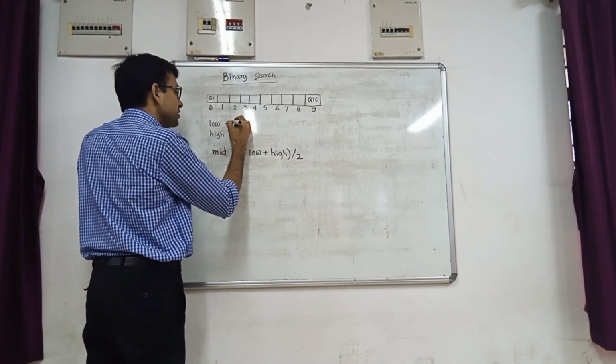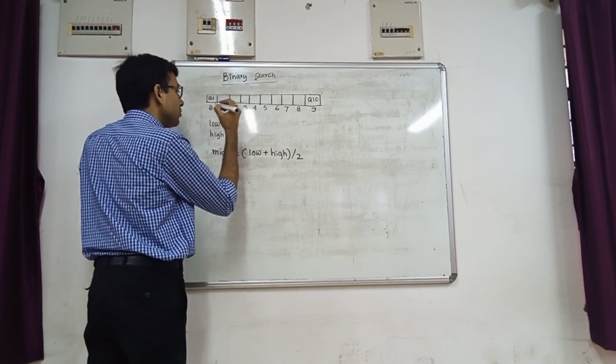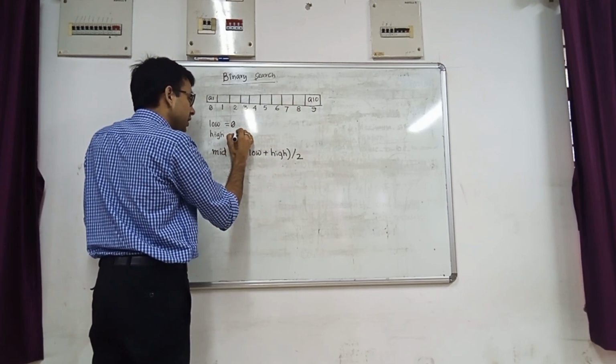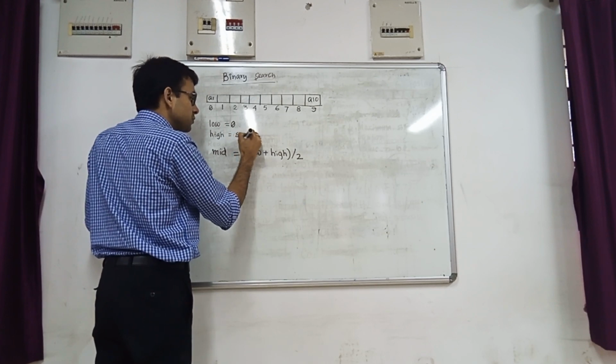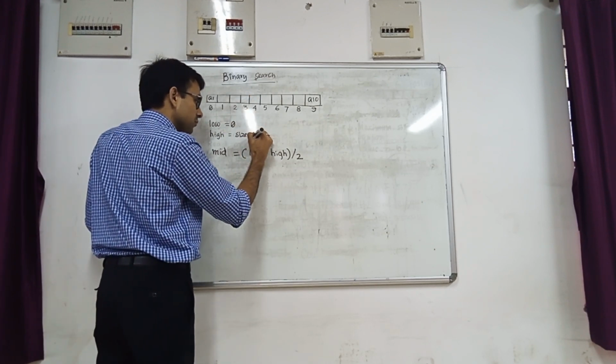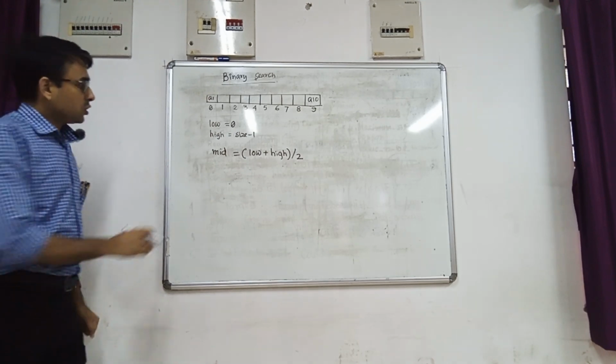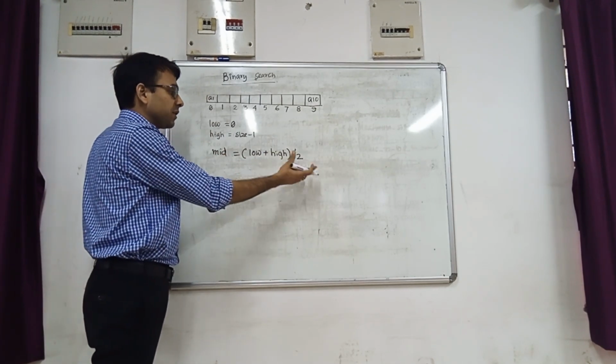So low should be initially 0 and high should be initially 9, that is, size minus 1. Okay. So mid is basically low plus high by 2.